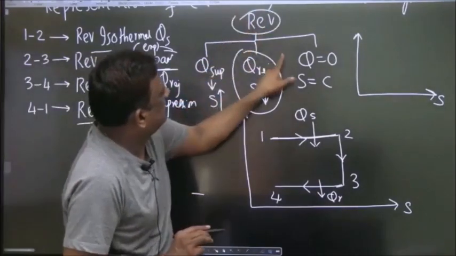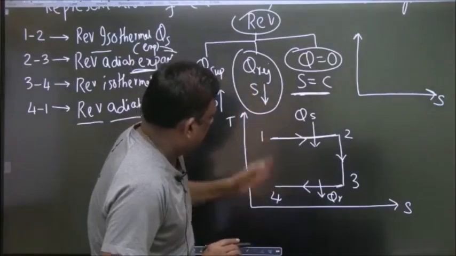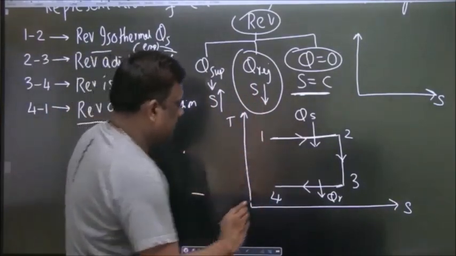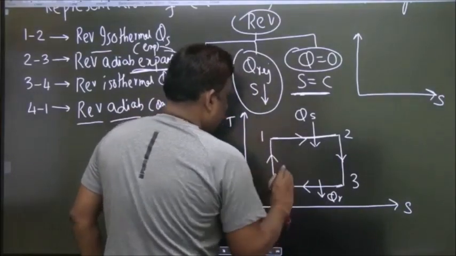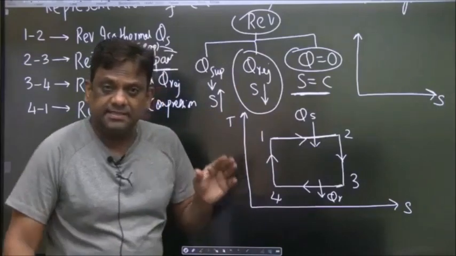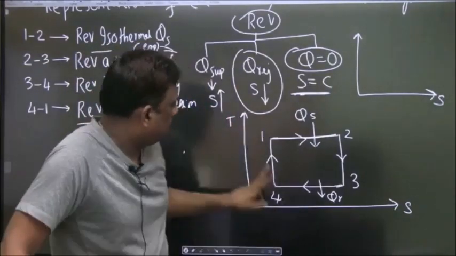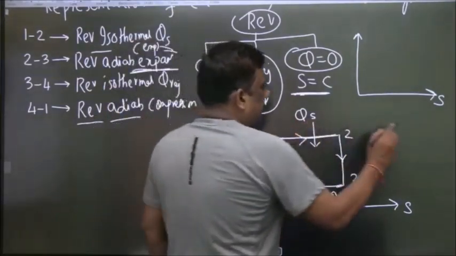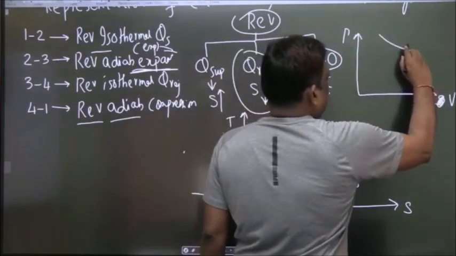This is adiabatic, isentropic, entropy constant, which means vertical. It is compression, and compression means upwards. So this is our 4 to 1. And this is the Carnot cycle on the TS diagram. Already on the PV diagram, we have seen something like this.